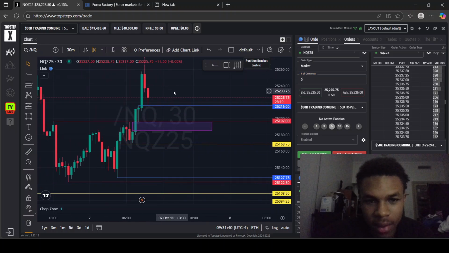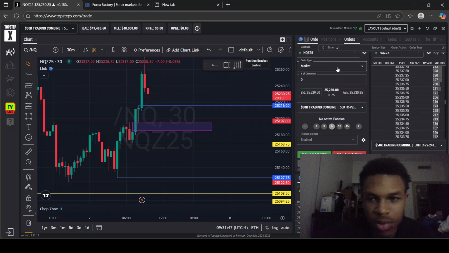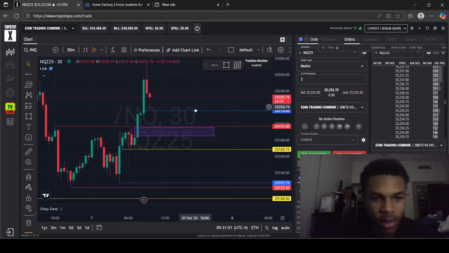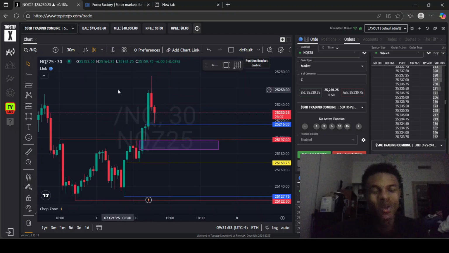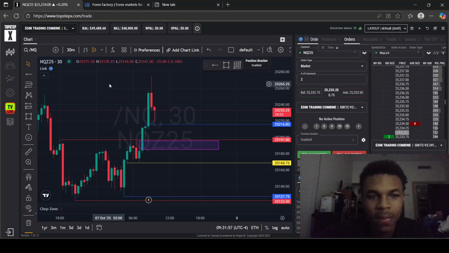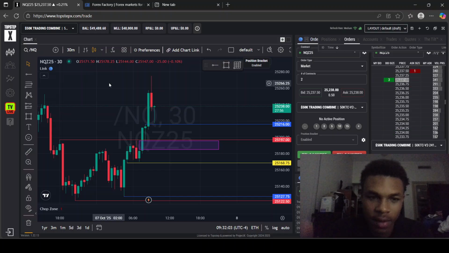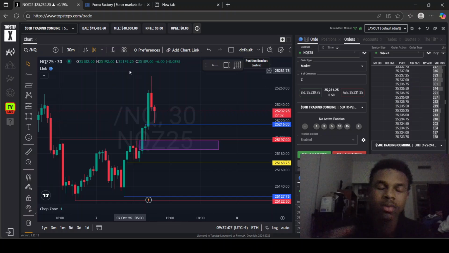Trading micros on the eval is not gonna get you anywhere. So I usually trade two NQ contracts, not 20. 10 micro NQ contracts equal one regular NQ contract. I trade two regular NQ contracts on an eval, meaning I need to trade 20 micro NQ contracts.